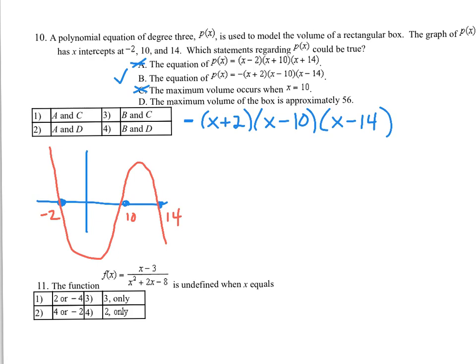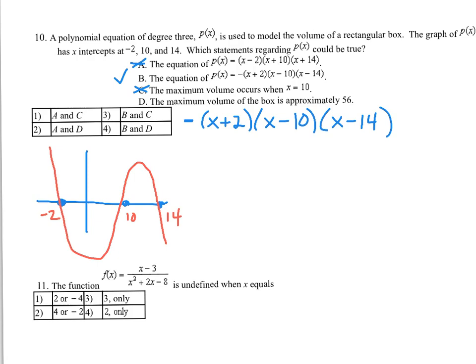Now, let's look at choice D. It says the maximum volume of the box is approximately 56. So what I did was I went to my calculator and I went into my Y1 and I plugged this in. And then what I did was second calc max. And that way I could figure out what my X and Y coordinate was of that maximum.